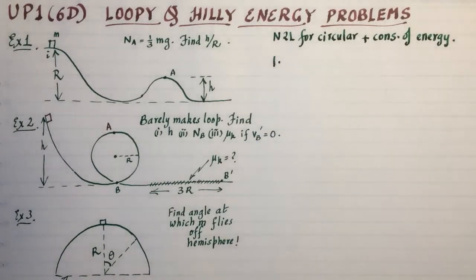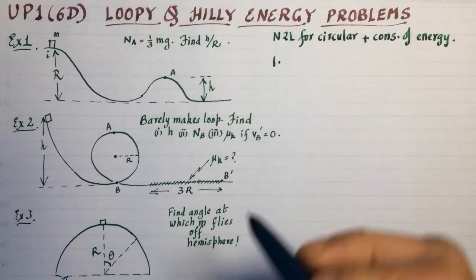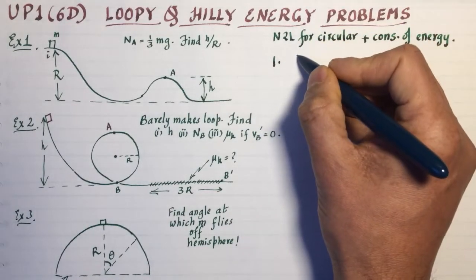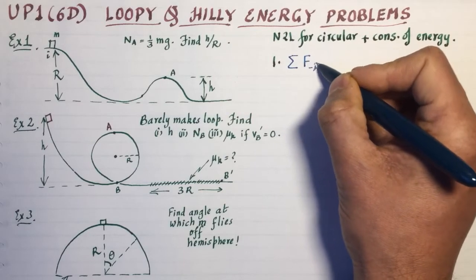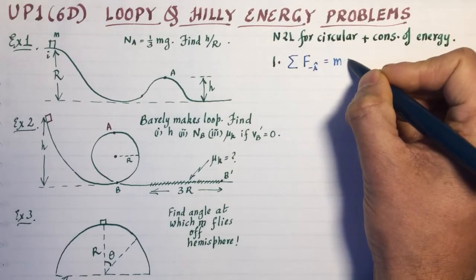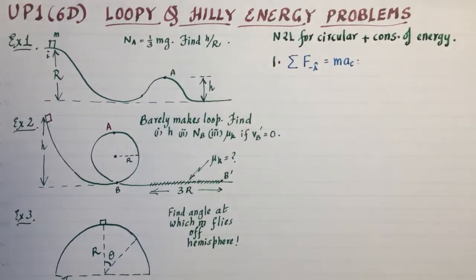So let's go with the first problem. There, the sum of all the forces acting in the negative r hat direction is mass times centripetal acceleration. That's Newton's second law.